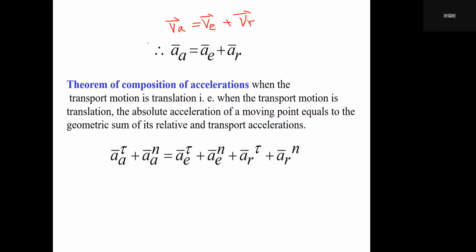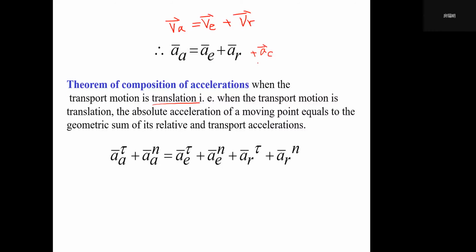Here we have a prerequisite: the transport motion should be translation. Otherwise, if our transport motion is not translation but a rotation around a fixed axis, then we will have another extra acceleration.